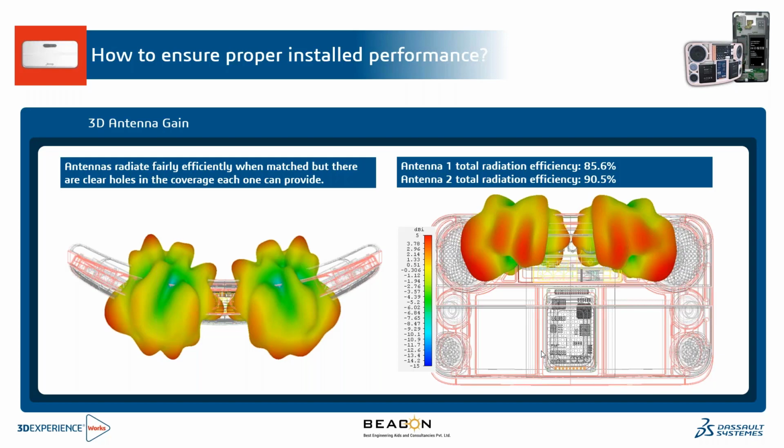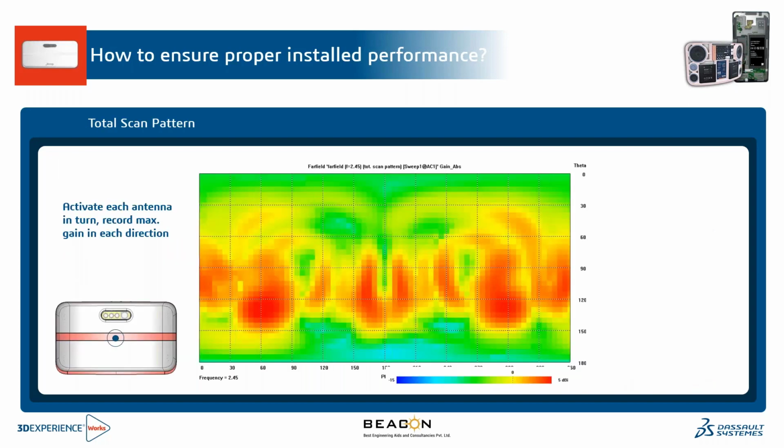So if you see here, antenna 1 total radiation efficiency is around 85.6, whereas antenna 2 is providing a total radiation efficiency of 90.5. So there is a scope of improvement over here. We will see how we can improvise for this lab.